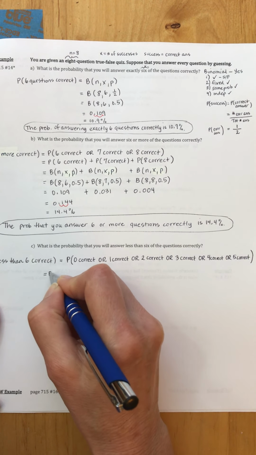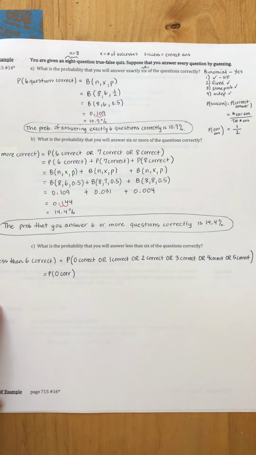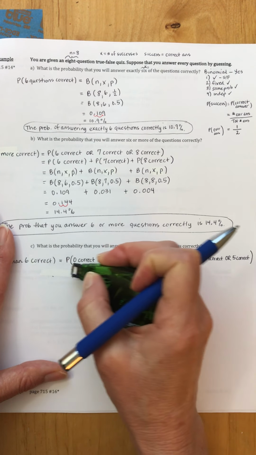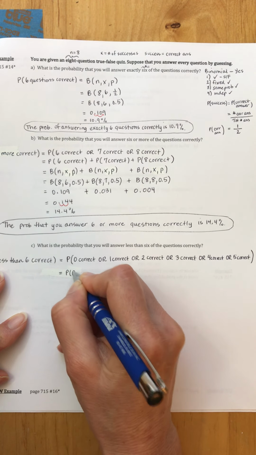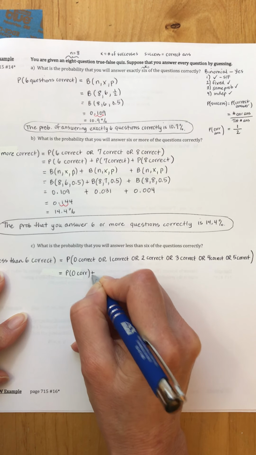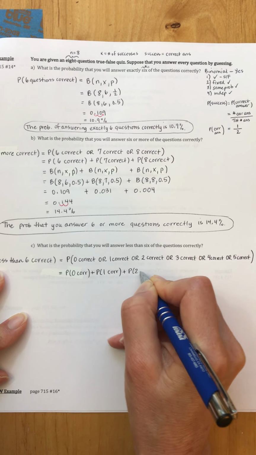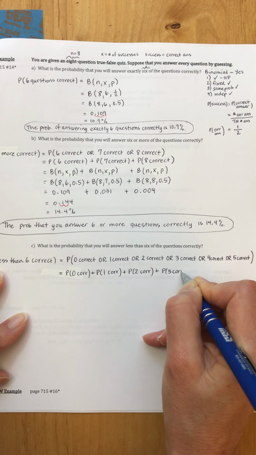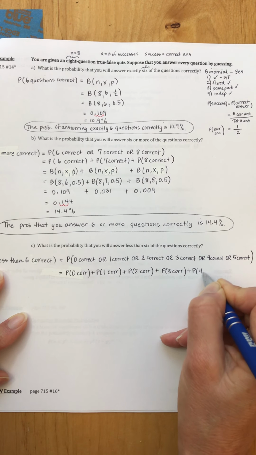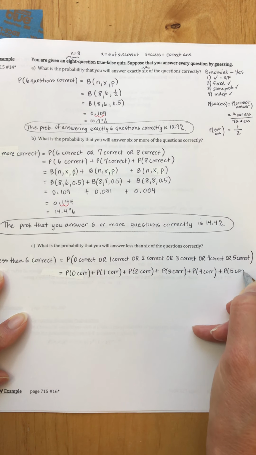So this is the probability of 0 correct, plus the probability of 1 correct, plus the probability of 2 correct, plus the probability of 3 correct, plus the probability of 4 correct, plus the probability of 5 correct.